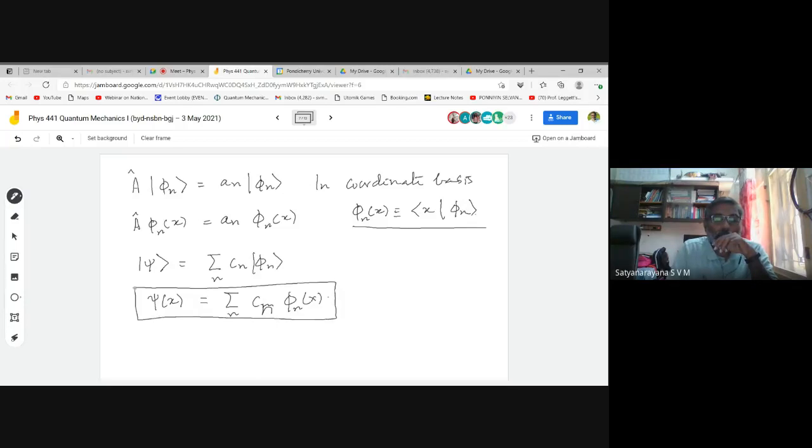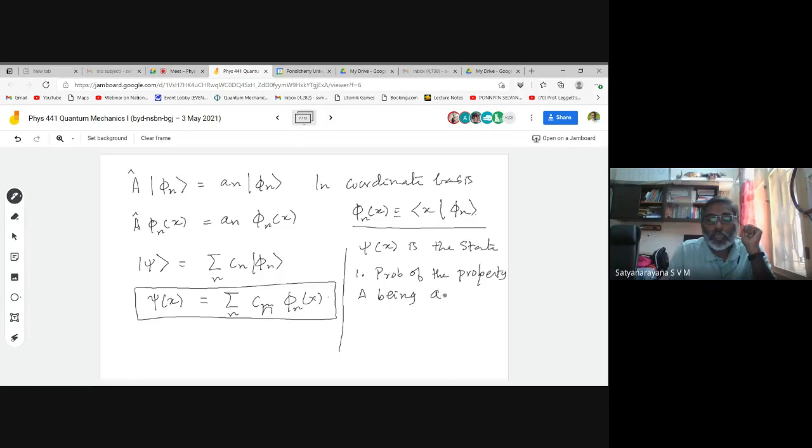Now the question is, what is the probability that you are asking about? So psi of x is the state. The first question you can ask is, what is the probability of the property A being AL?